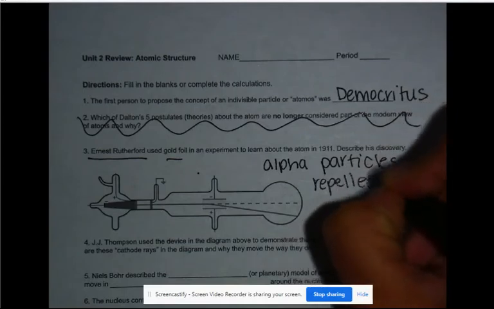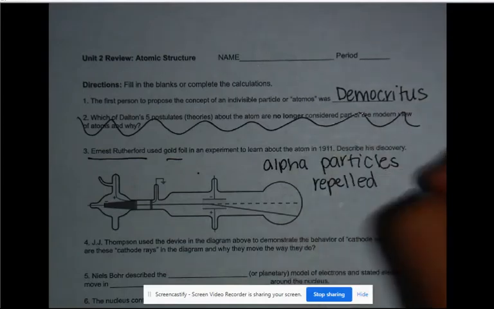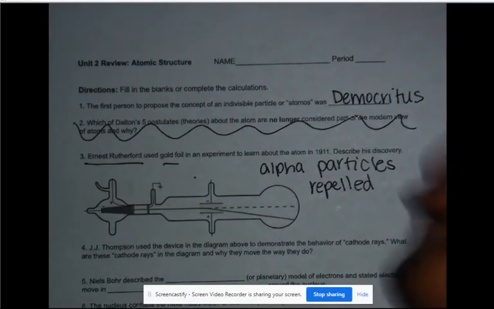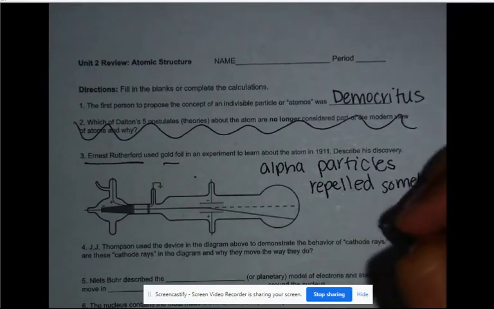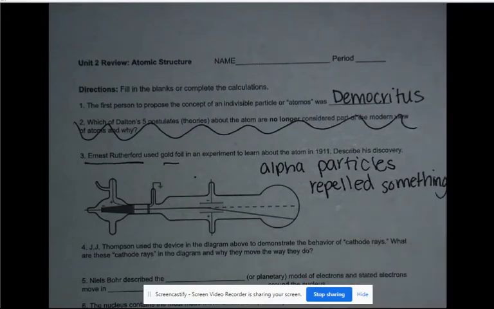Alpha particles repelled something. So what did he discover? Ernest Rutherford discovered the what? Not electrons. The other one. Protons. So where are the protons at? The nucleus.